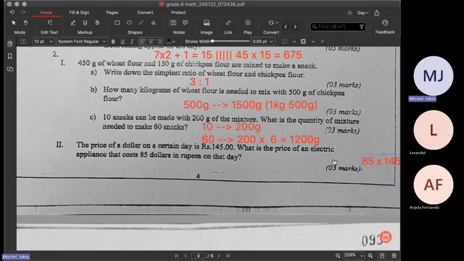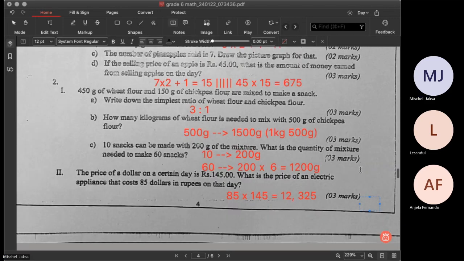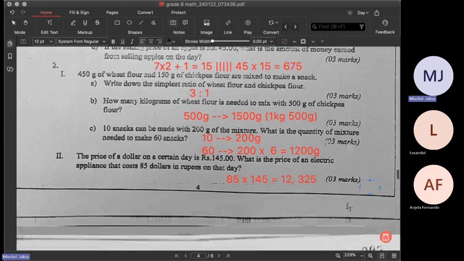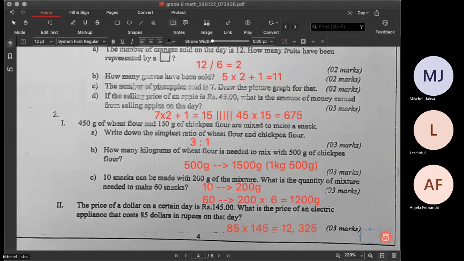What is the answer that you get? It's 12,325. 12,325. Well done, Pute. Okay, is it clear so far, Lasandul and Angela?